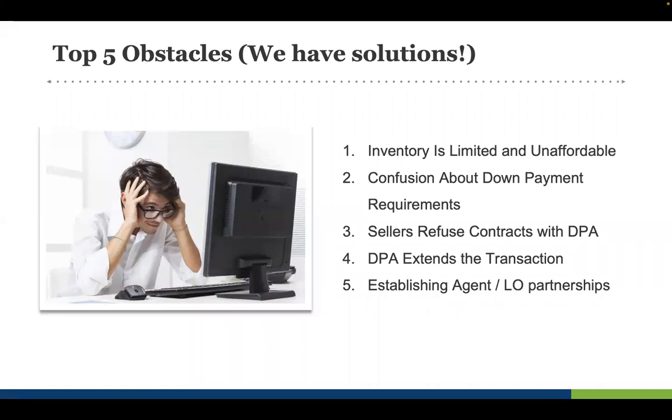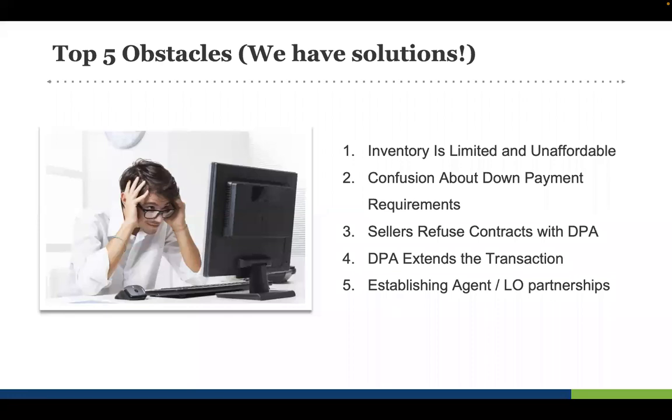So one is inventory. Inventory is limited and unaffordable. Perhaps, right? And we're going to acknowledge the obstacle, and then we're going to discuss it. There's confusion about down payment requirements, that magic 20% number, right? So we'll talk about that. Sellers refusing contracts with DPA or FHA. Perhaps we are seeing some relief there, but that's been an issue for quite some time now.